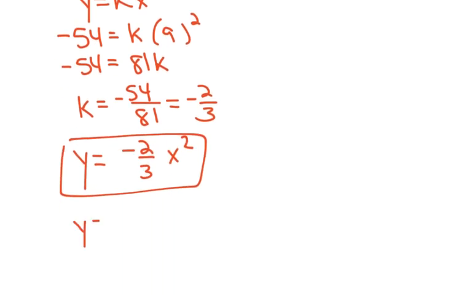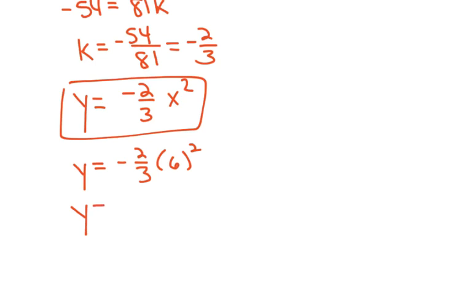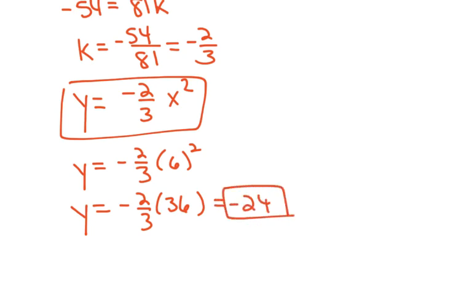So y is equal to negative 2/3 times 6 squared. Don't forget the original problem said it varies directly as the square of x, so we've got to square the x. So y is equal to negative 2/3 times 36, which is negative 24. And that's our final answer.